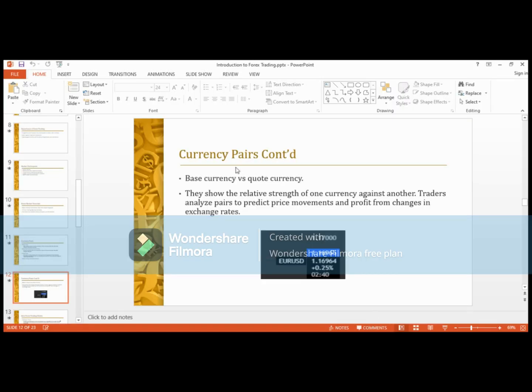The base currency is the one here, and the quote currency is the one here. They show the relative strength of one currency against another. Traders analyze pairs to predict price movement and profit from changes in the exchange rates.